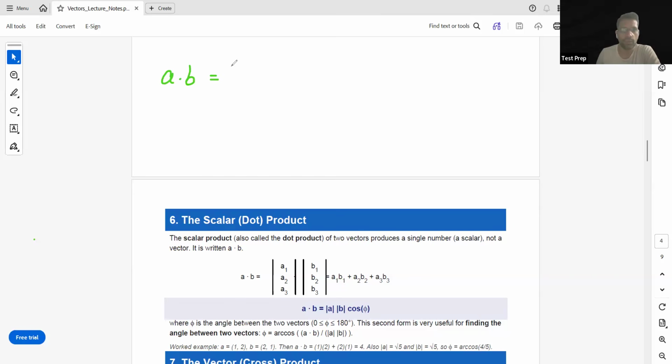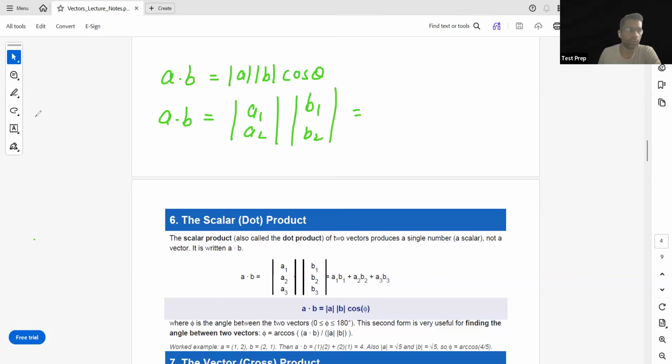We can write a dot b in the form of magnitude of a, magnitude of b, cos theta. Or, given a1, a2 and b1, b2, the dot product is a1 into b1 plus a2 into b2. This is a multiplication: we multiply a1 with b1 and a2 with b2.